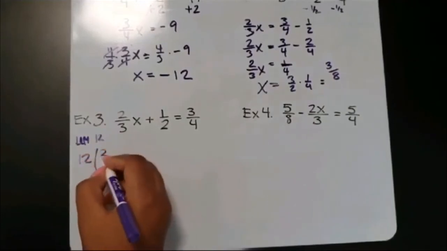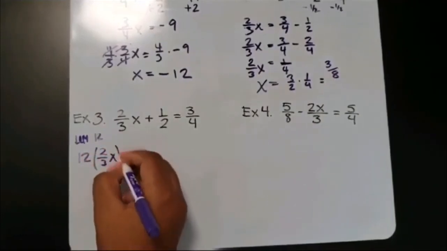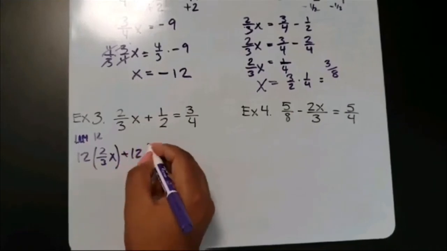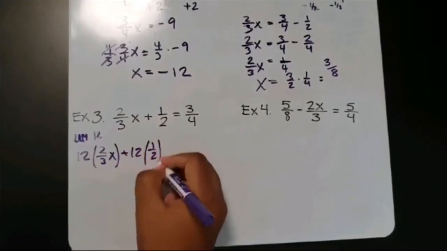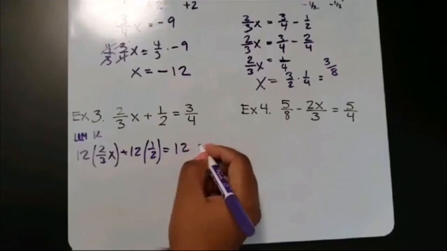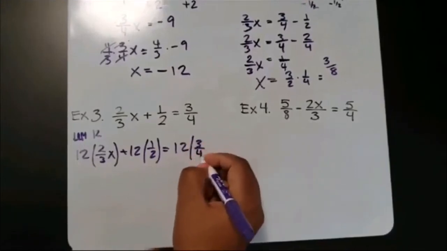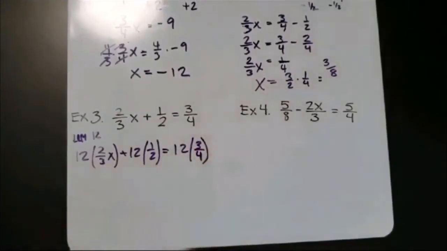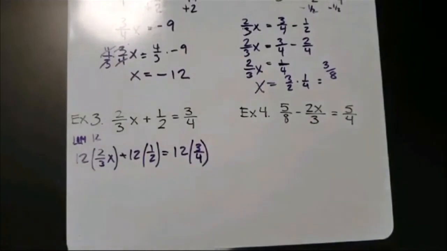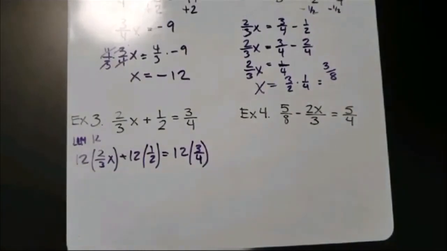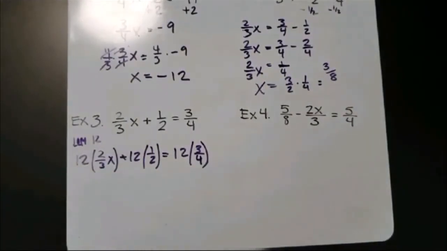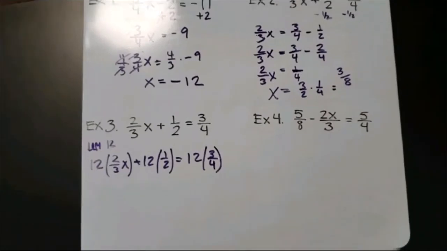So I'm going to do 12 times 2 over 3x plus 12 times 1 over 2 equals 12 times 3 over 4. So using this clearing denominator technique is going to get rid of the denominator so that we can work the problem out how we would regularly with just numbers.